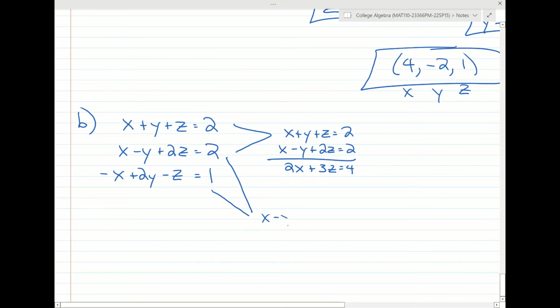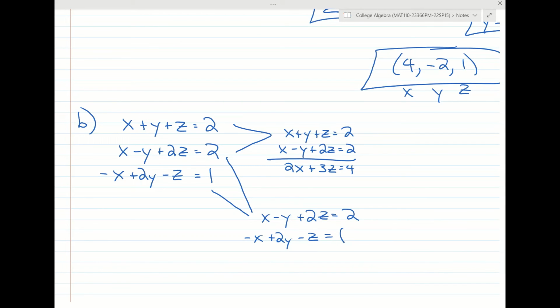And we have x minus y plus 2z is equal to 2. Negative x plus 2y minus z is equal to 1. And remember, you have to follow your plan. So if we eliminated the y in the first group, we need to eliminate y in the second group. And we'd be able to do that if we multiply this top equation by 2.